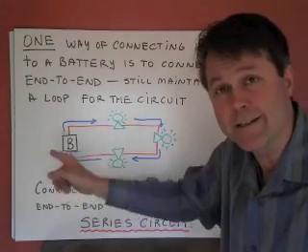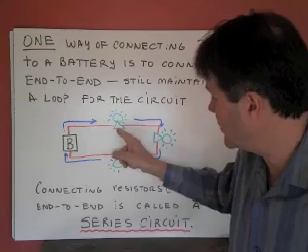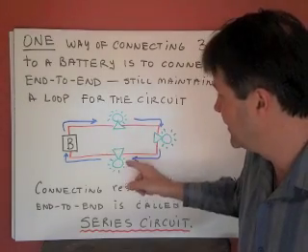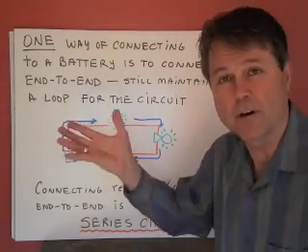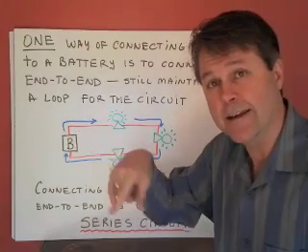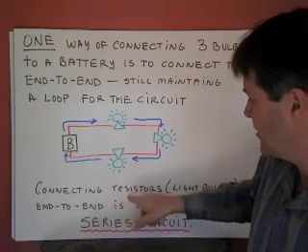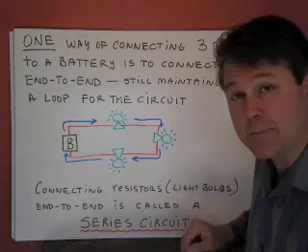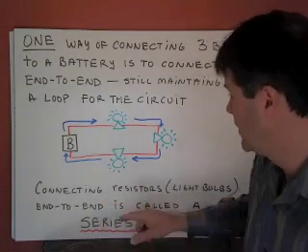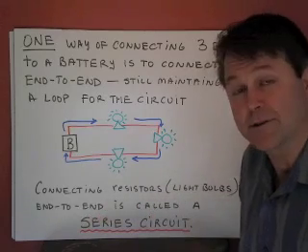Again, it's one continuous loop, and we say that these are connected end to end. It's as if these light bulbs are holding hands in a single loop. So connecting resistors, in our case a light bulb will serve as the resistor, end to end is called a series circuit.